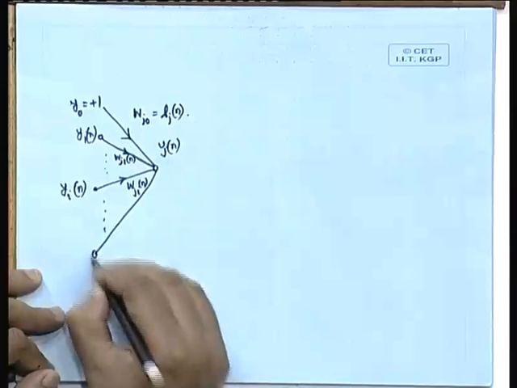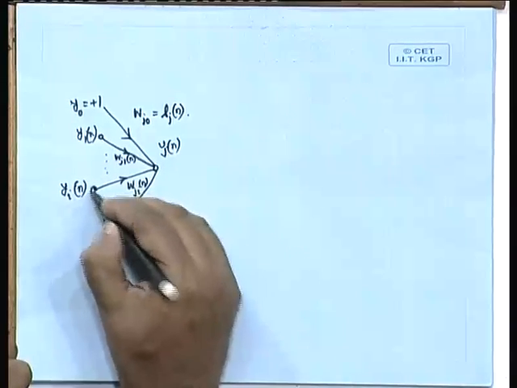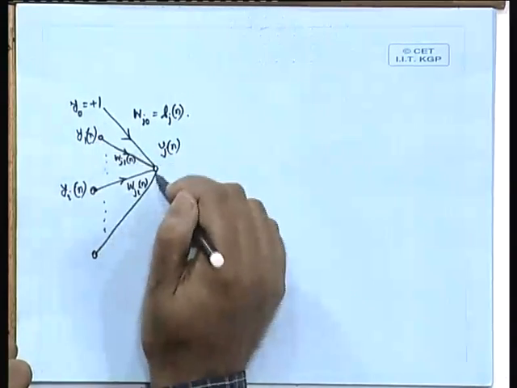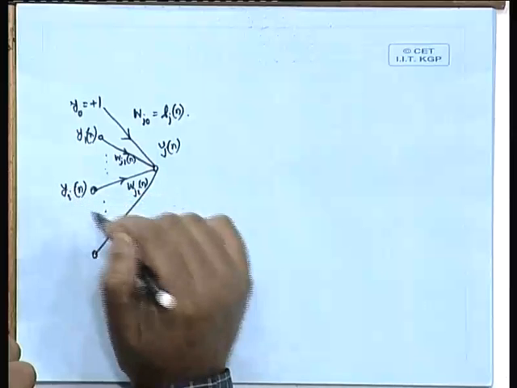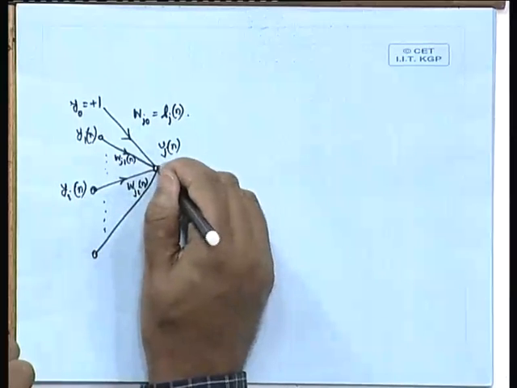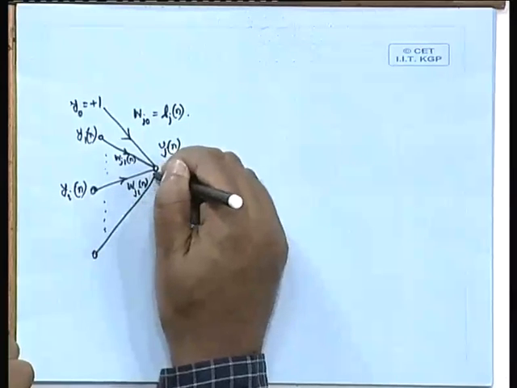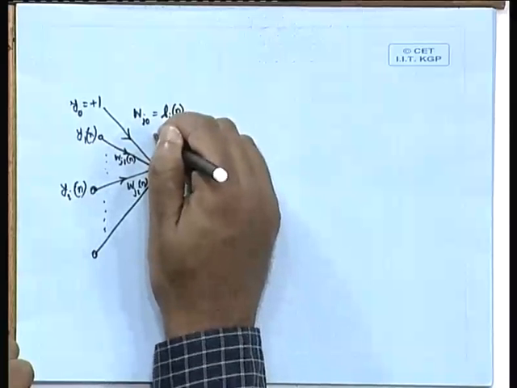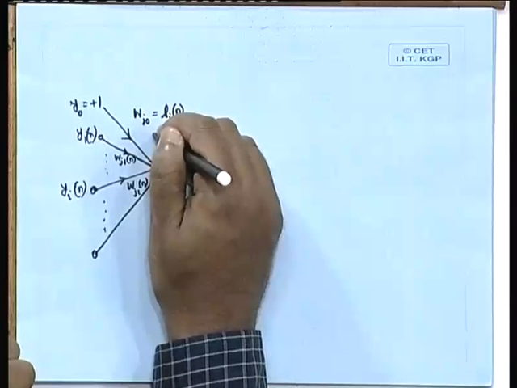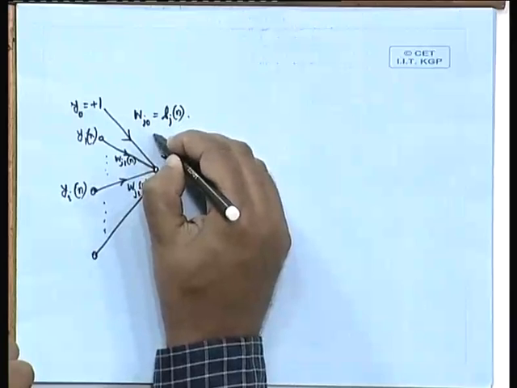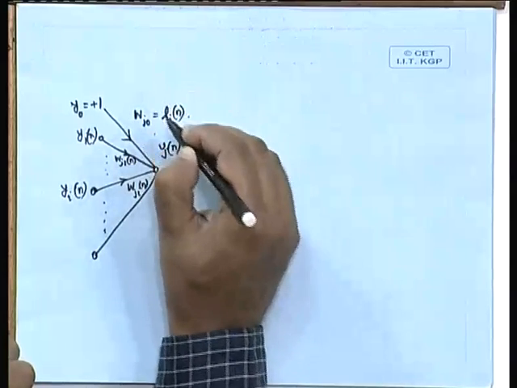In fact, mind you that these y's, the inputs coming from the previous layer, are not only connected to this hidden neuron, but to all the other hidden layer neurons in the same layer. There will be some other neuron here, some other neuron here.